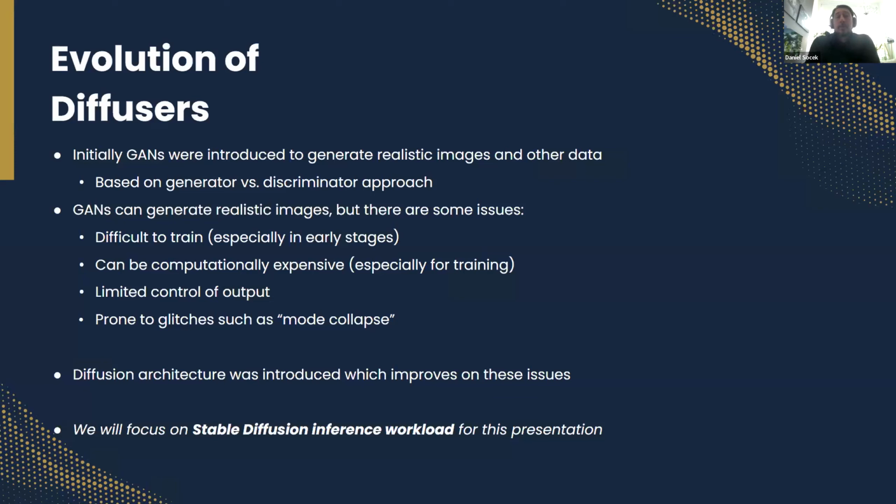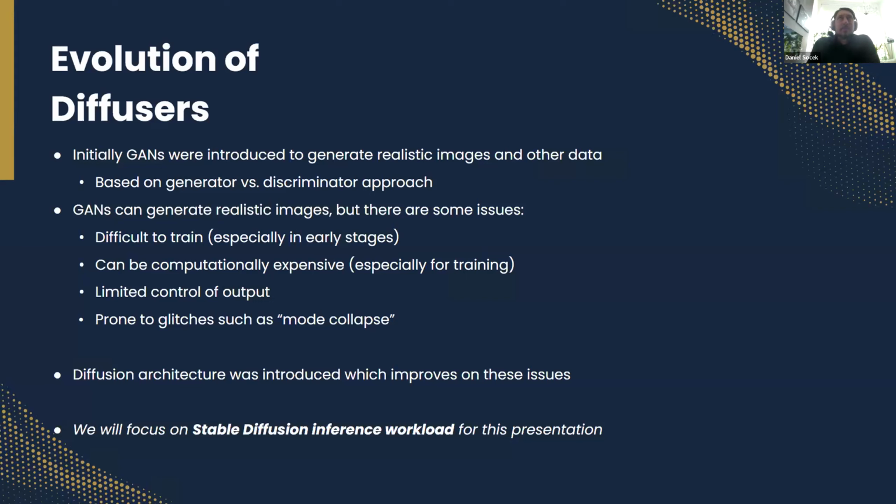They can be computationally expensive, especially during the training phase. They do have limited control of the output, so that's another drawback. The network is typically very loose in how it generates the image that you ask it to generate. And finally, it's prone to some glitches such as mode collapse.